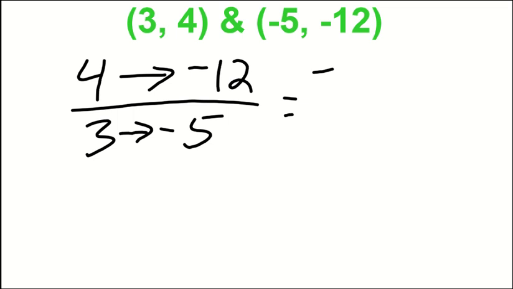How many is it going down? 16. You go from 4 to 0, 0 to -12. That means it's going down 16 total. For our X values, we're going from 3 to -5. Is that an increase or a decrease? Decrease. So that's going to be a negative. 3 to -5, 8. So it's going down 8. We go from 3 to 0, 0 to -5.